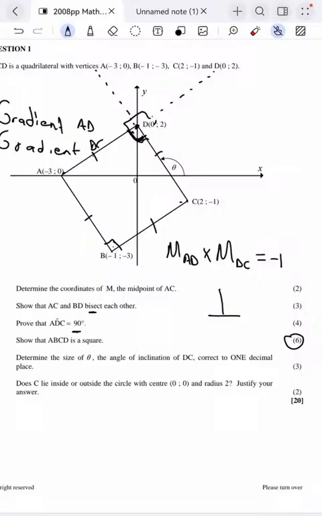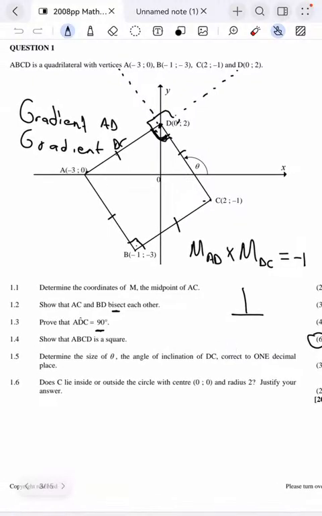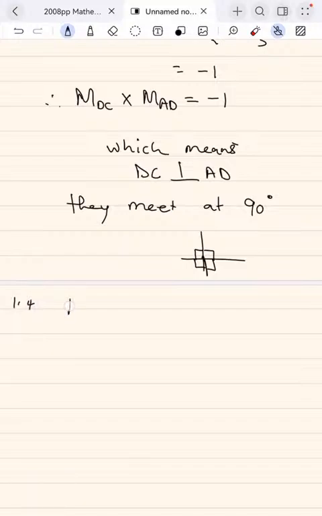We have 1.4. Prove or show that ABCD is a square. How do you prove that?